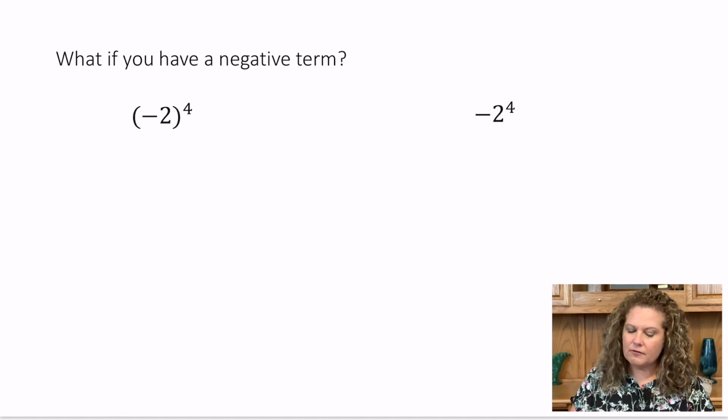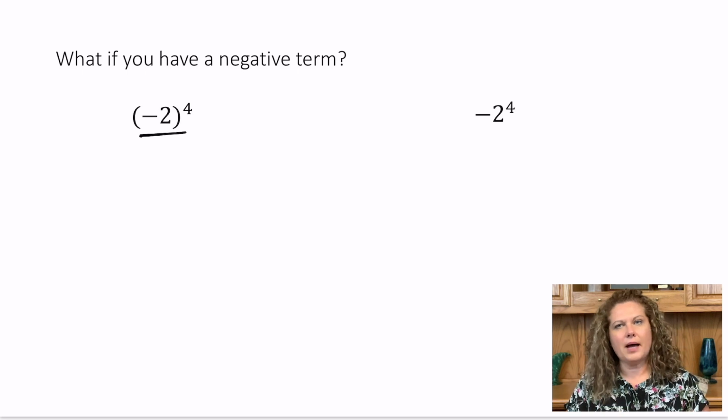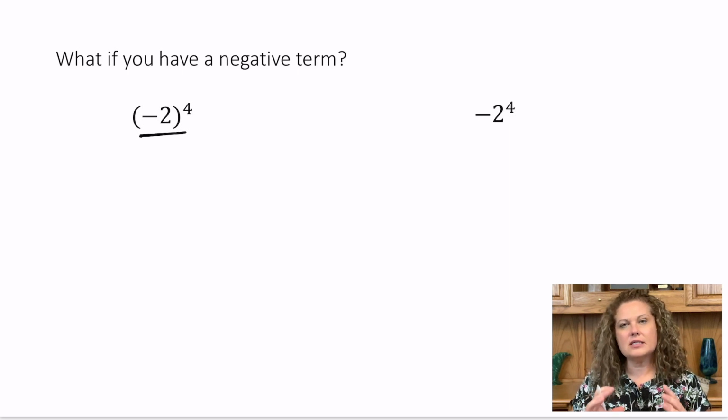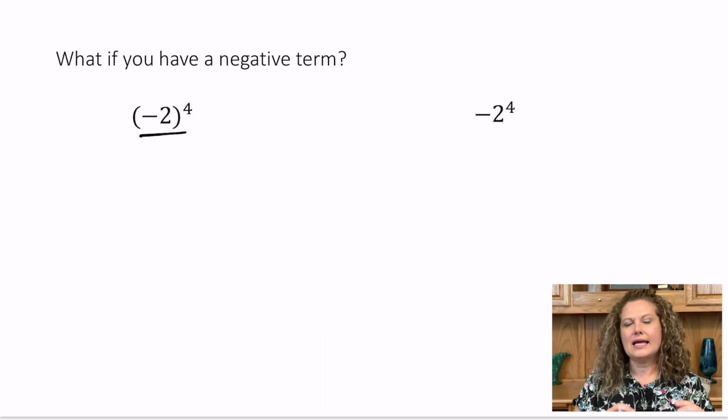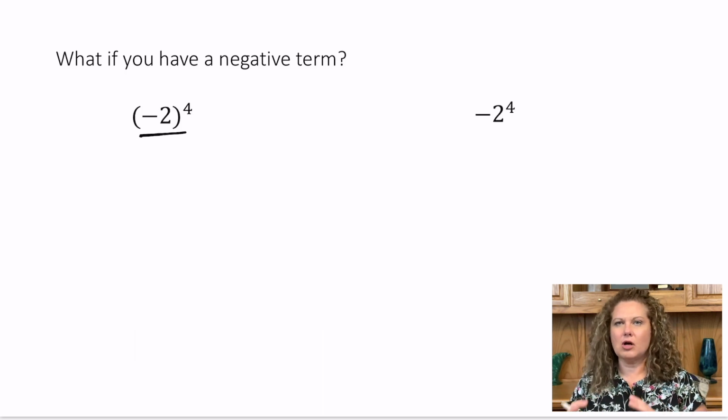So if you look at our first term, negative 2 to the fourth power. Now you are going to notice that negative 2 is in parentheses, and it tells us something special. It tells us that our factor is negative 2, and we're going to use that in our repeated multiplication.